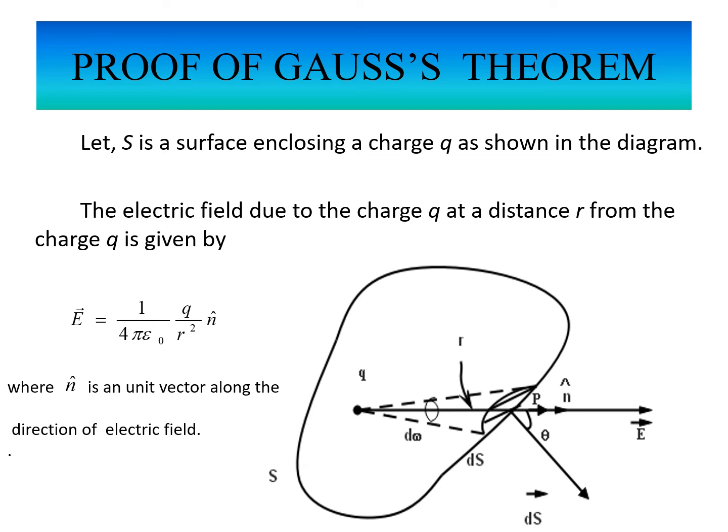In the diagram, we have considered one arbitrary surface area denoted by capital S, and a charge small q is enclosed by this surface area S, and ds is one small section on this surface area S, shown in the diagram by the shaded portion.